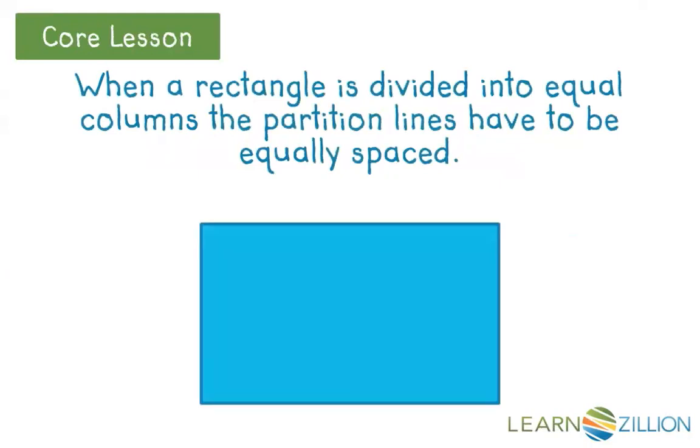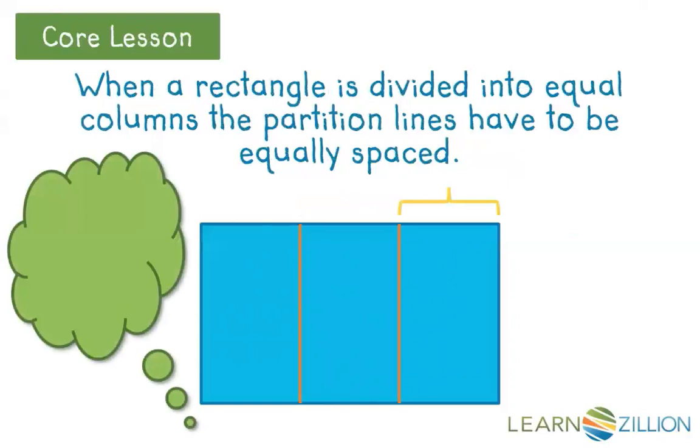We know that if 2 or more things are equal, they are the same or same size. And we know that if we are spacing something, we are placing them a certain distance apart. So equally spaced means that some things are the same distance apart. The partition lines have to be the same distance apart for the columns to be equal.